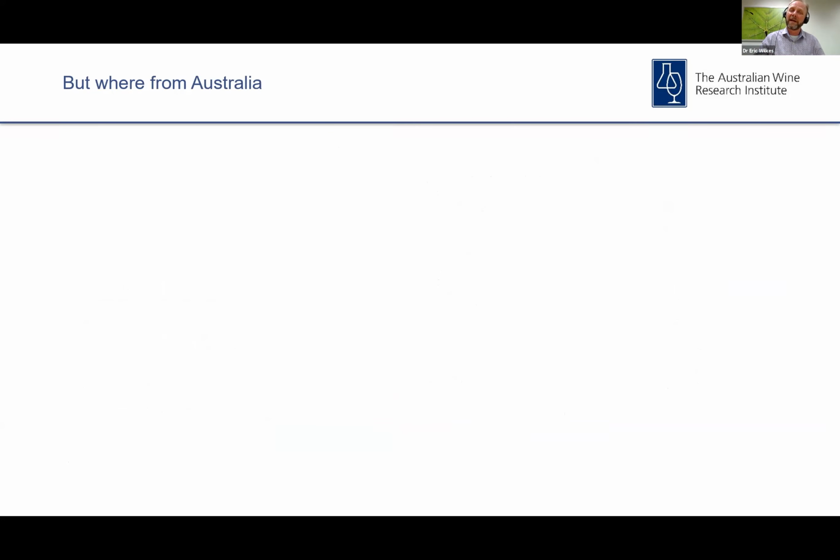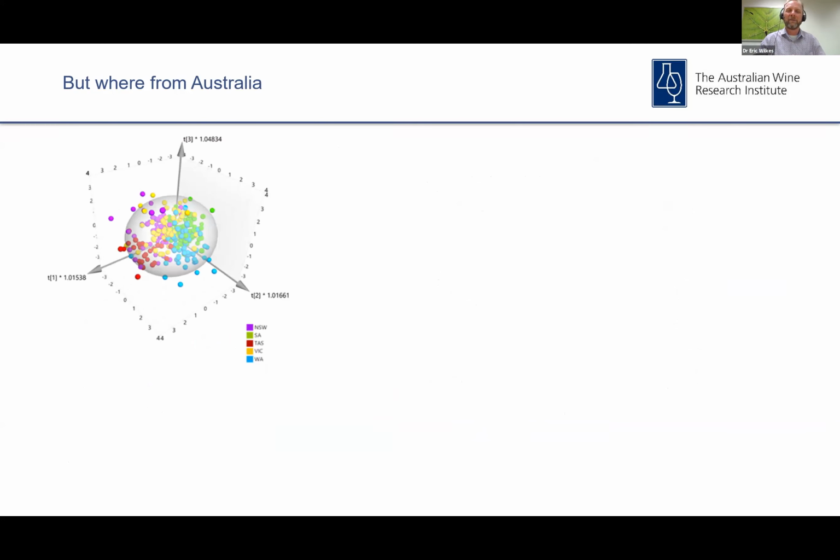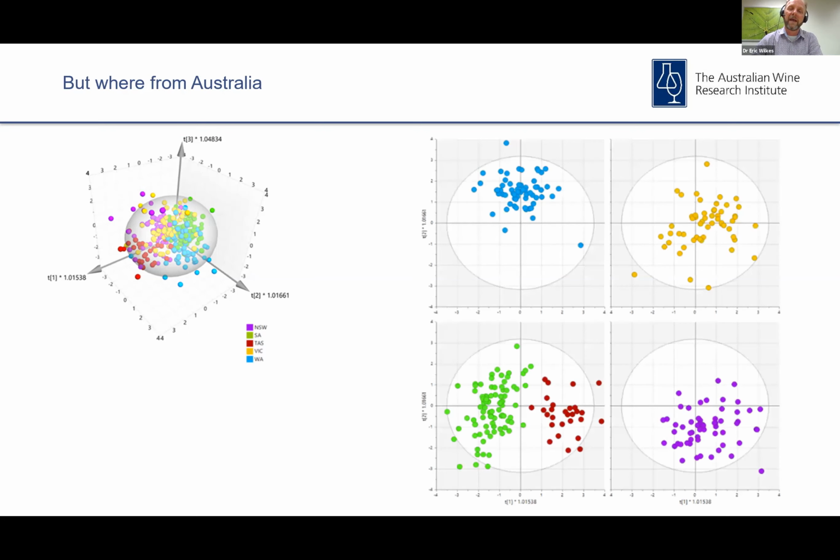But we're from Australia. Can we do Australian regionality here? And essentially what we found is we can do it reasonably well. So when we just look at what state the wine came from, and I've just separated these graphs out here so you can see them, what we found is that while wines from the different states do gather together, there is a fair bit of overlap.